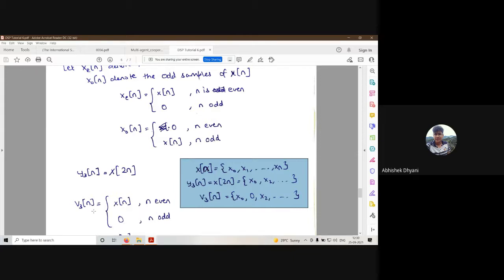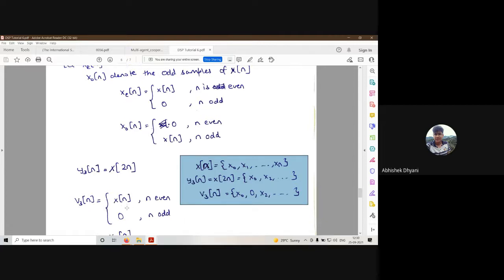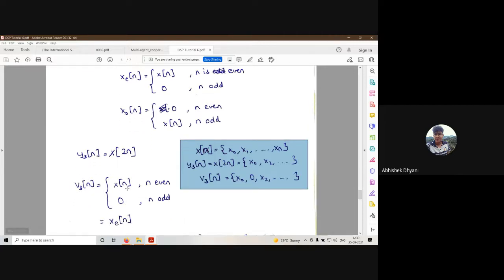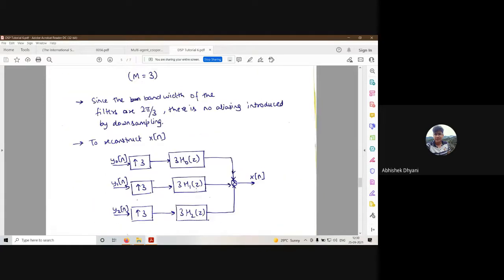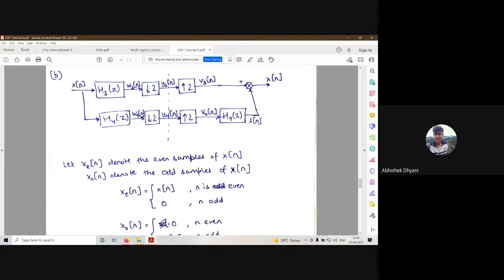This basically means that v3n is nothing but xen, the even components of the sequence x of n. So going back to the diagram, v3n is the even components of x of n.